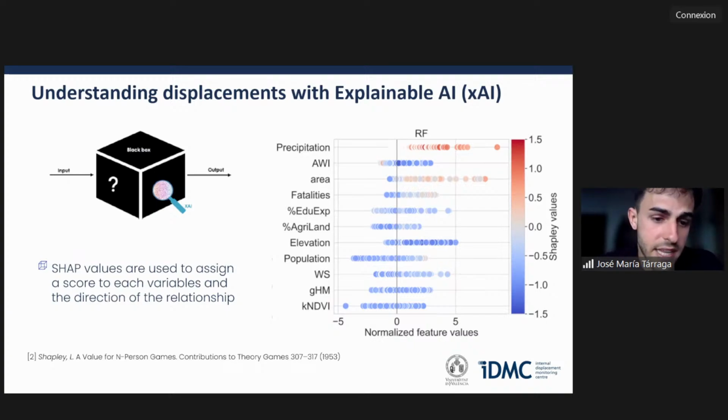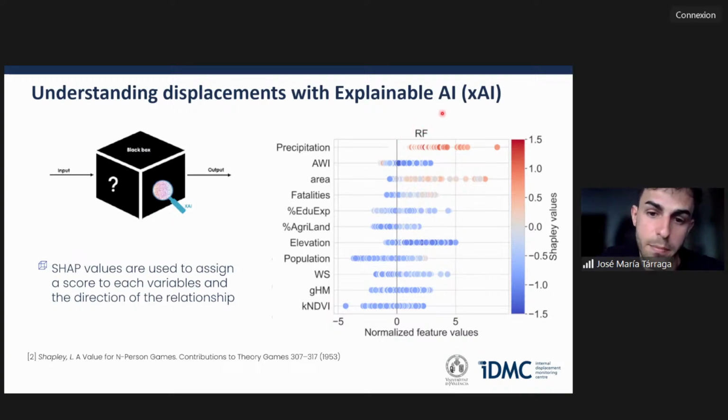The nice thing about Shapley values is that each point corresponds to one of those polygons of the disaster displacement database. They allow you to measure the importance that the variable had in explaining displacement, but also the direction of the interaction.